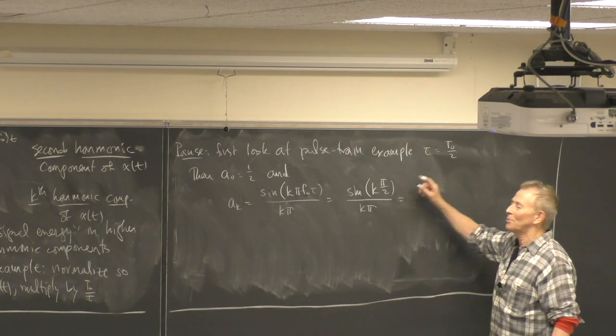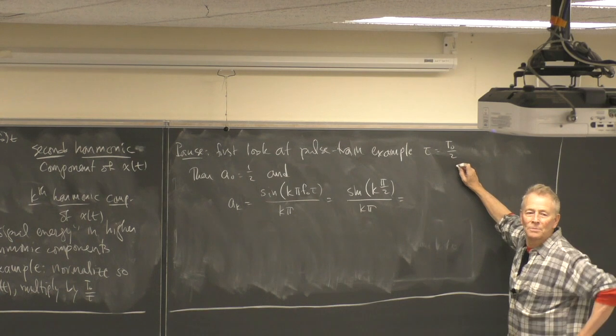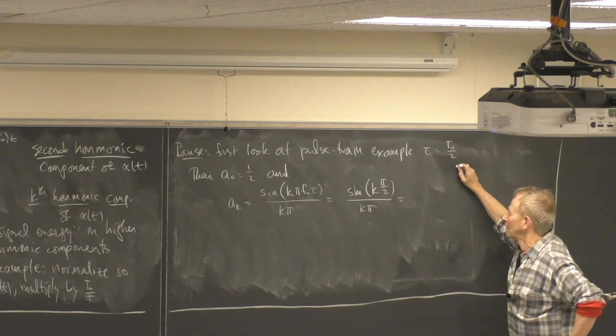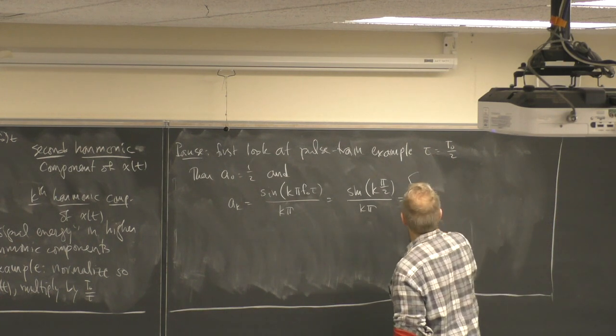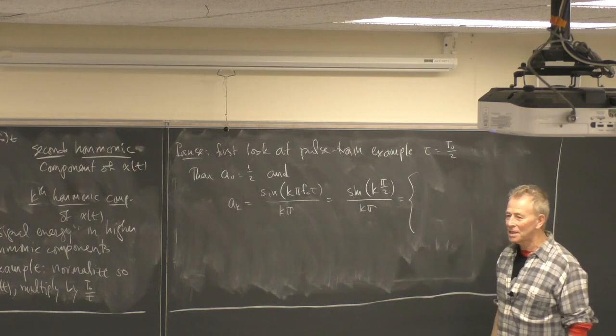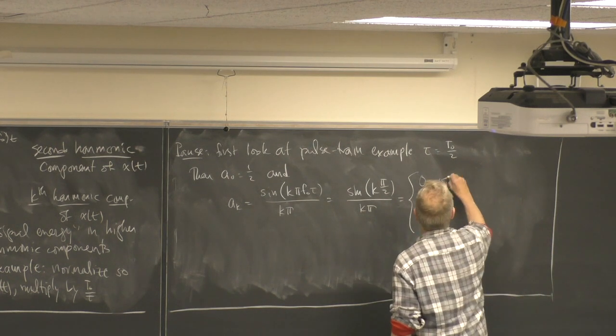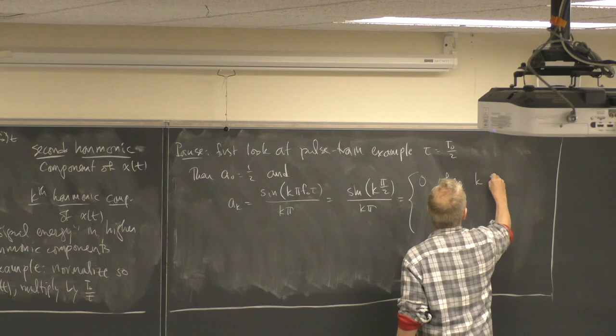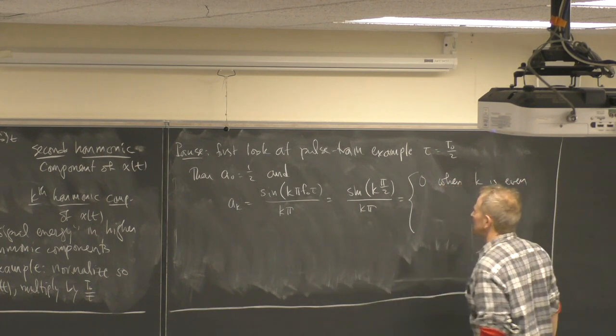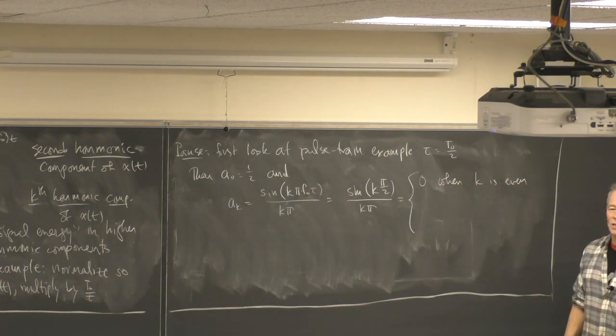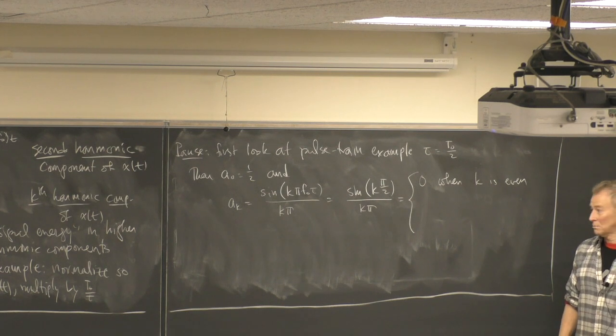And what's an easy way of writing sine k pi over 2? Well, it's not that easy. When k is even, it's 0, because you've got sine of an integer number of pi's.